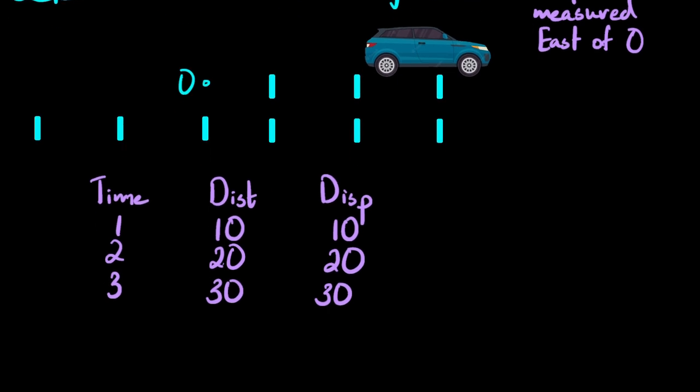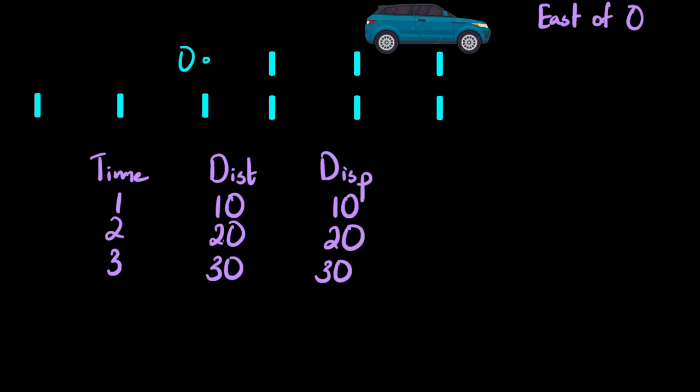Now the distance has again increased by 10 because it's just traveling, right? First it was here and then it came 10 meters further back, so the distance is increased by 10. It's become 40, right? It's still traveling. Any moving object will always cover some distance. So it moved and it covered more distance.